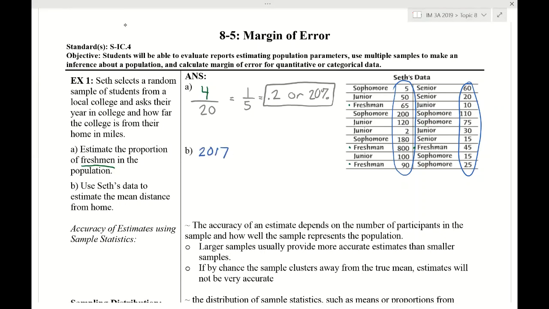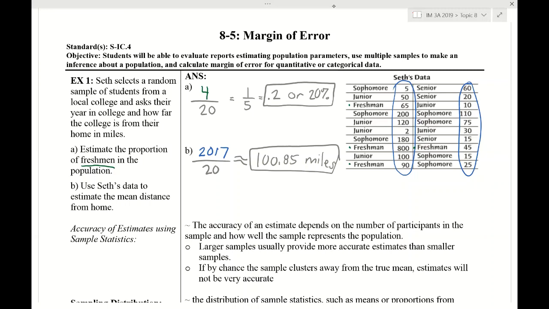Remember that there's still 20 people that he talked to, so we're dividing that by 20. So if I divide 2017 by 20, that gives me about 100.85, and this is miles from home. So the average distance from home that a student in this sample is 100.85.